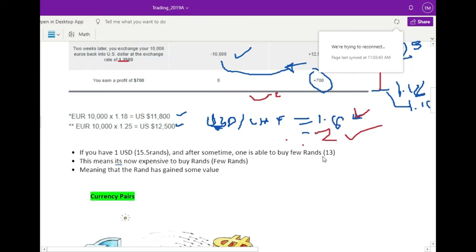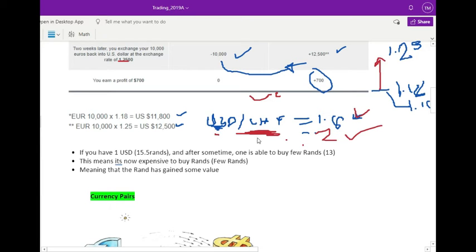So it's not always about the base currency; we can talk about the gaining value of this side. At first you had 1:15.5, now it's 1:13, which means this quote currency is increasing in value.